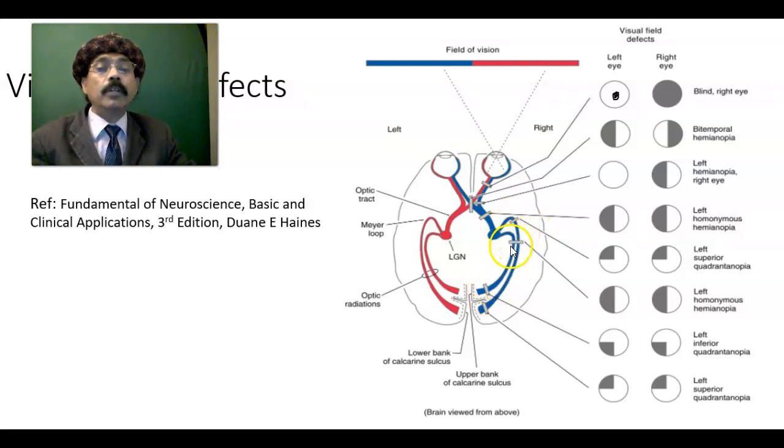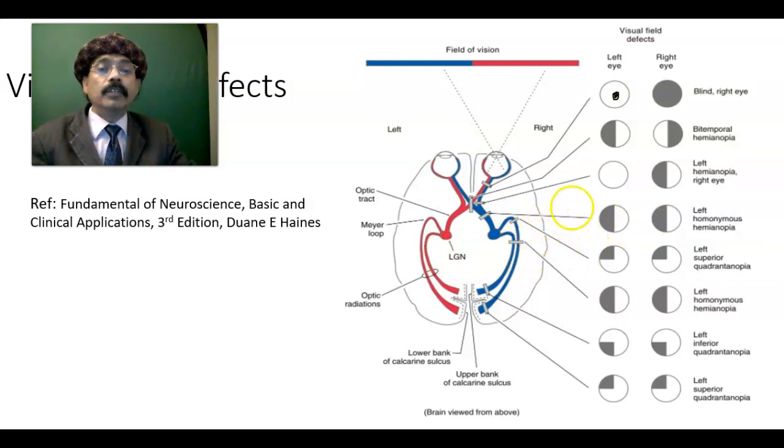We have two sets of fiber. The lower set of fiber goes along the lower part of the lateral ventricle through the temporal lobe of the brain to the visual cortex.